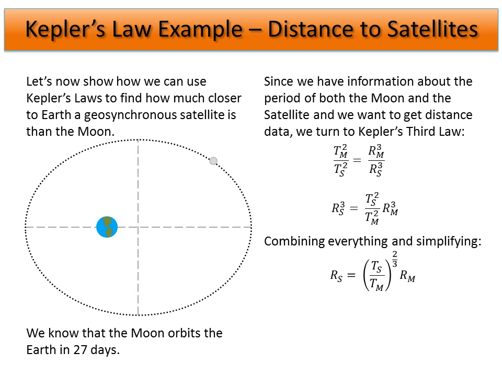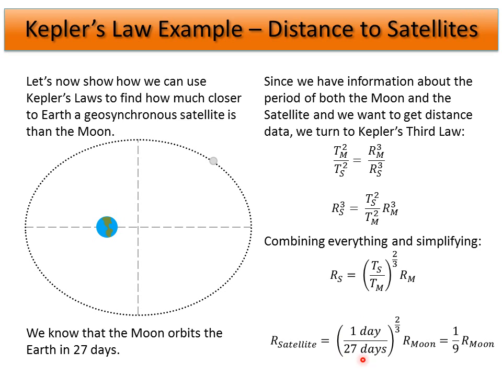Take the cube root of everything, so I get this quantity to the 2/3 and the radius of the moon. And I find that the satellite has to be placed, for a 1 day period compared to the moon's 27-day period, at 1/9 of the distance from the Earth to the moon.